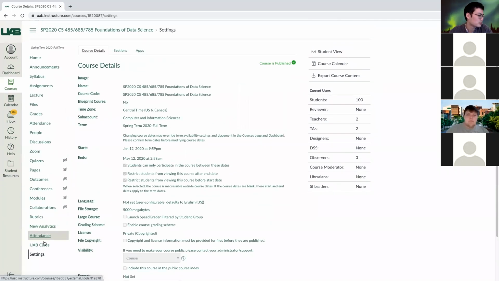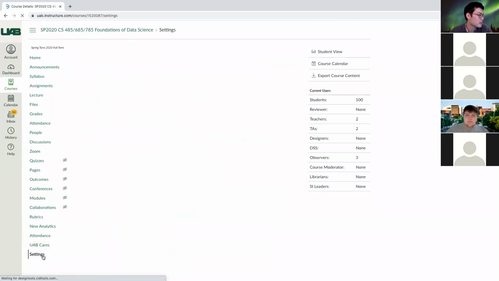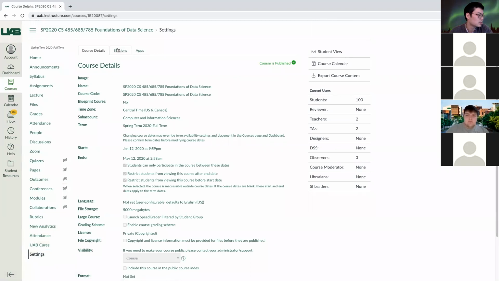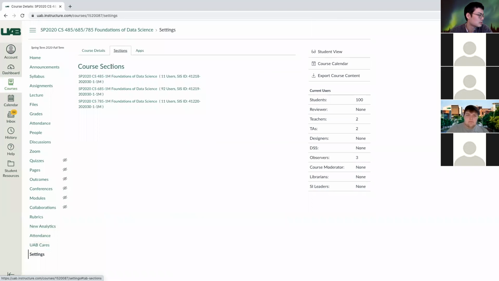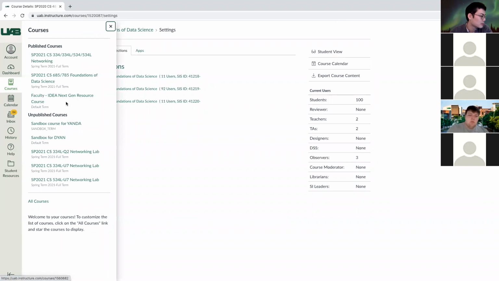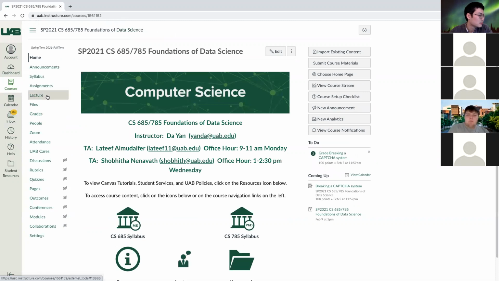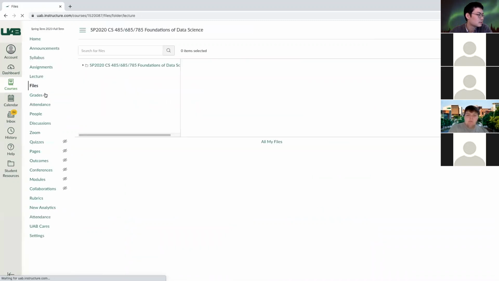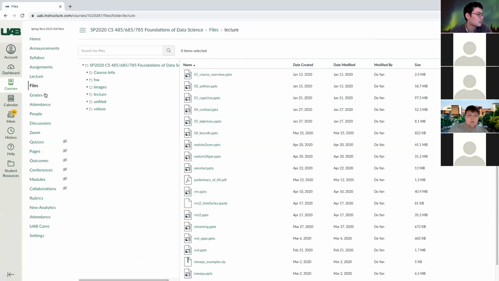I will figure it out. Oh, this is the earlier code. Sorry, I think it should be this. Lecture. Oh, this is for the previous year, so I think we can just remove it.